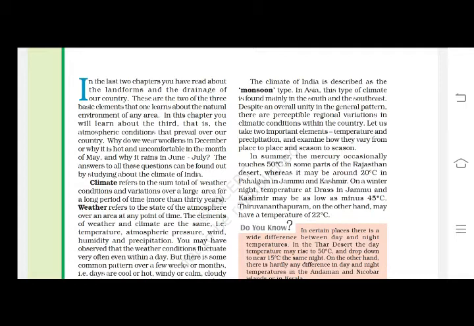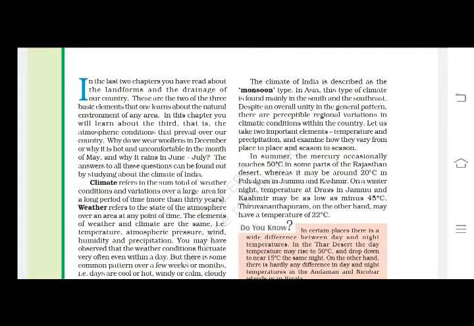So climate is the sum total of weather conditions and variations over a large area for a long period of time. And if you are talking about weather, then it is the state of atmosphere in an area at any point of time. There is not a fixed time, whether a short period or a long period.